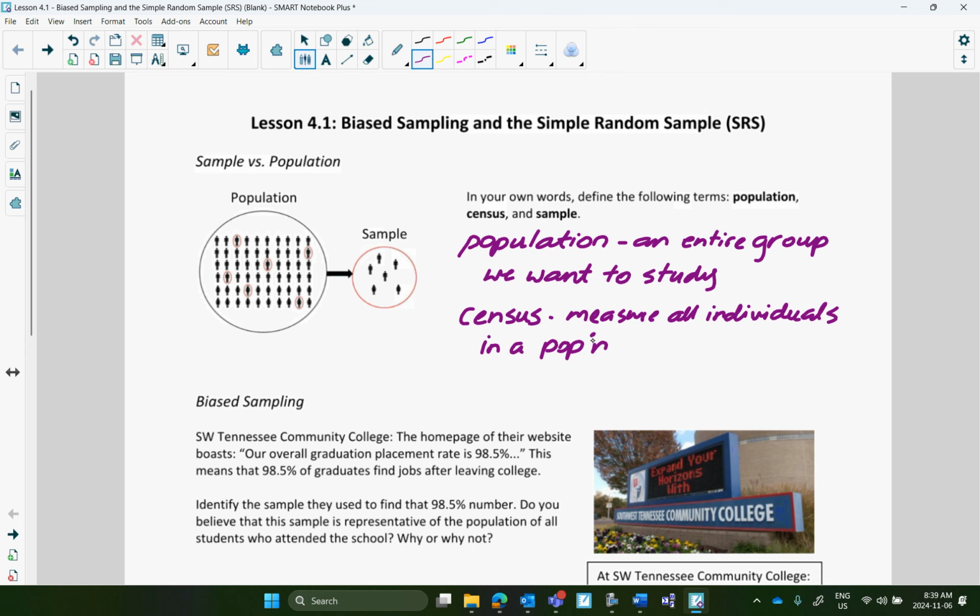Now, depending on what your population is, that could take a lot of time, take a lot of people to help out, which means it'll likely take a lot of money. Okay. In Canada, there is a time when they do what's called a census. And that's when they find out information about all the people in Canada.